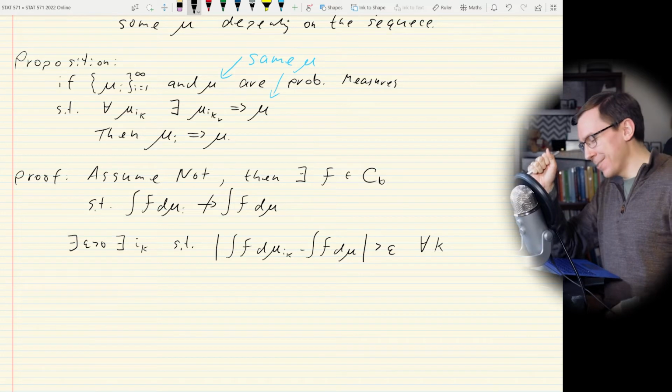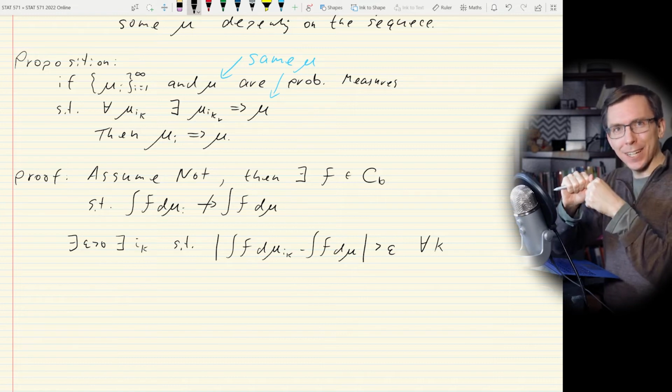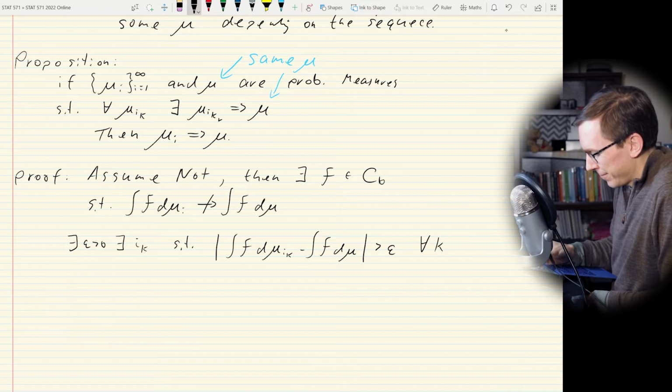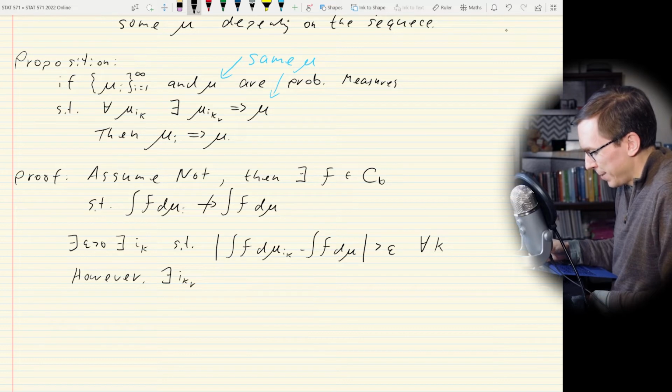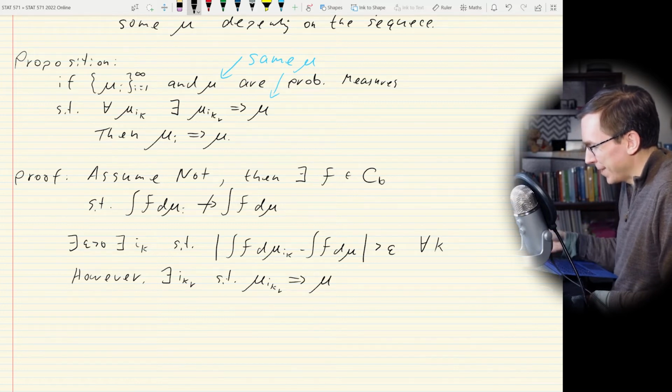So it's kind of like saying, if this convergence isn't happening, then I can find points where I don't get close to that. If I get close to it, then I'm converging to it. However, there exists an i_{k_r} such that μ_{i_{k_r}} weakly converges to μ.